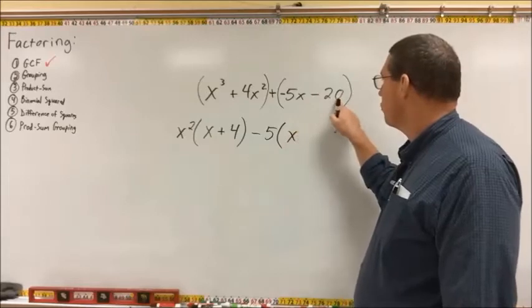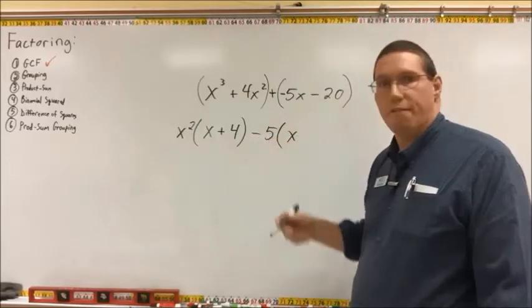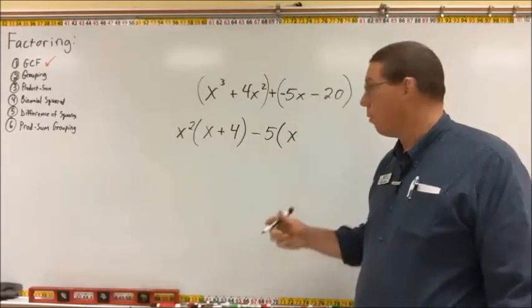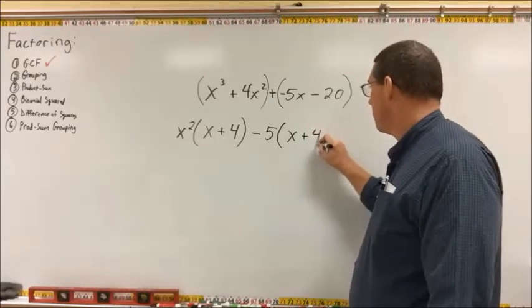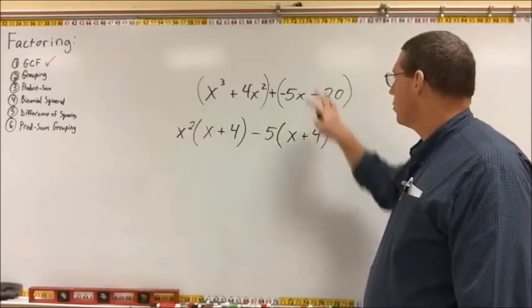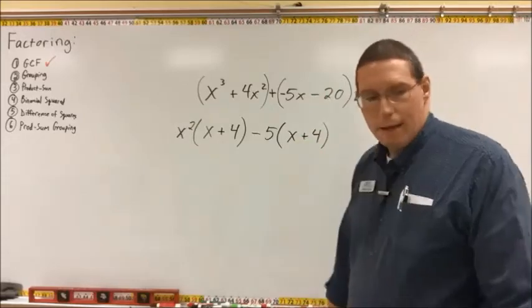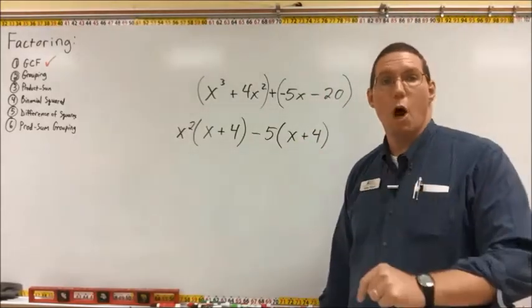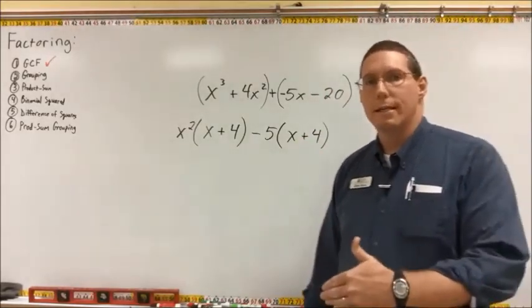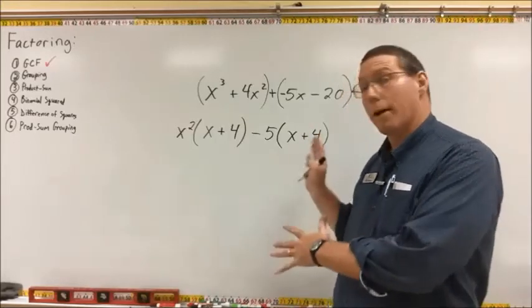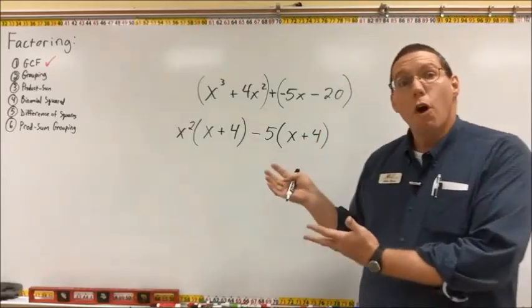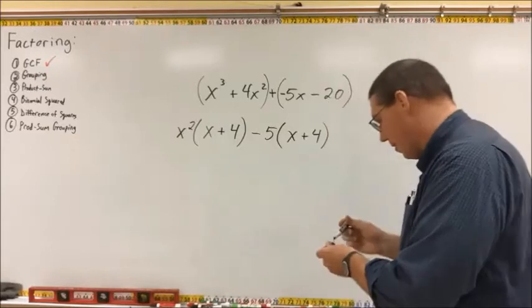And then what's negative 20 divided by negative 5? Well, it's positive 4, right? So plus 4. And so now we're done with that group. Now, here's how you know whether you did factoring by grouping correctly. The way you know whether you did it correctly is, check this out.